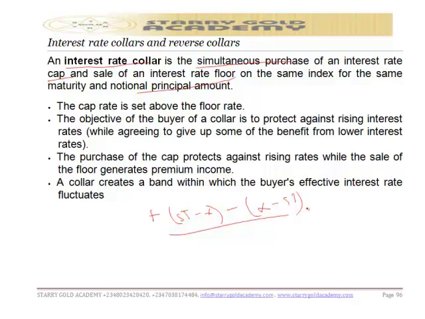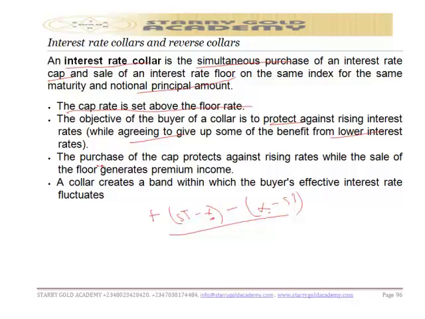The condition is that the cap rate is set above the floor rate. The objective of the buyer of the collar is to protect against rising interest rates, while agreeing to give up some benefit from lower interest rates.